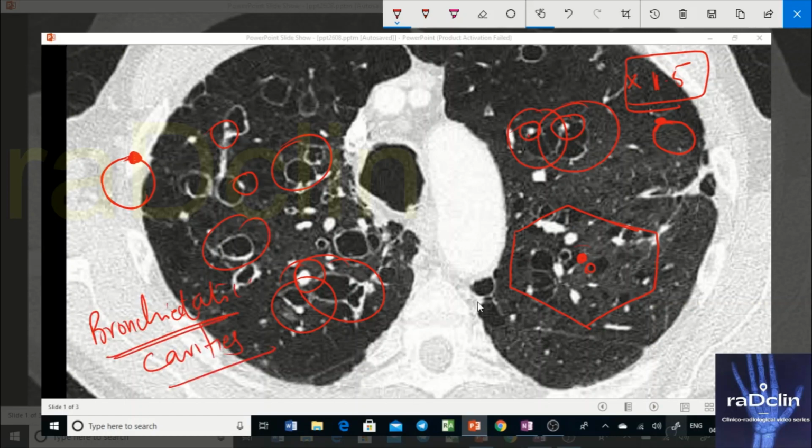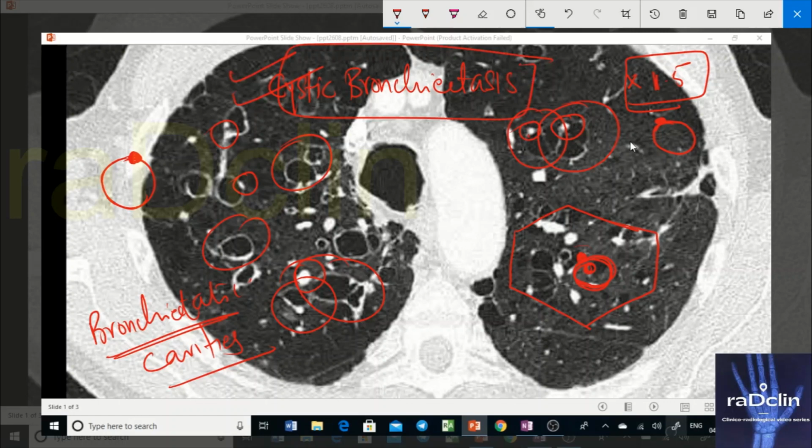Another important point is that if you see the secondary pulmonary lobule, by logic, if the bronchus in the center enlarges, it will be near the vessel. This suggests that these are centrilobular bronchiectatic cavities. These are basically nothing but cystic bronchiectasis that we are dealing with.